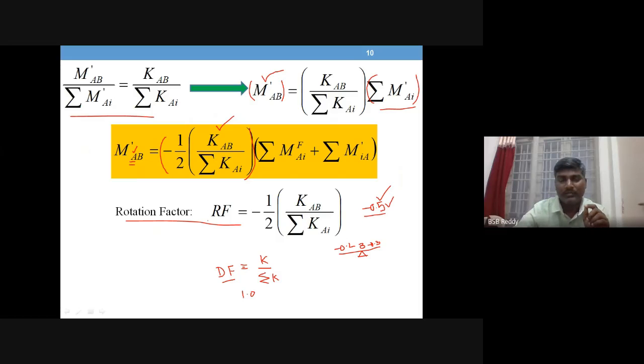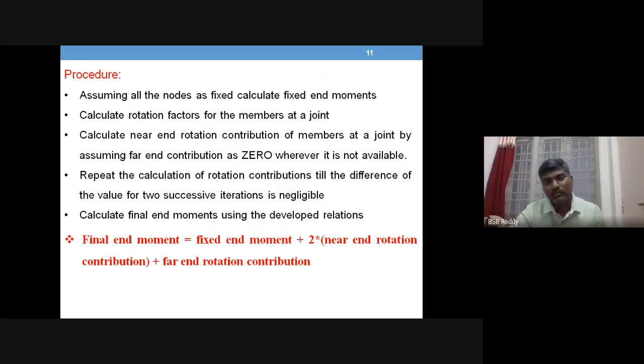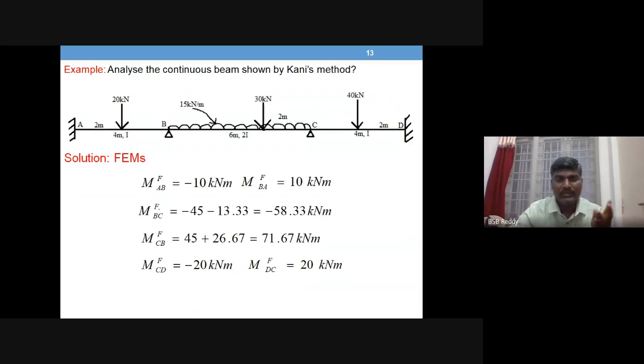That is to be calculated to substitute in the final end moment equation. Next session we will discuss the procedure, then we'll go for one example.